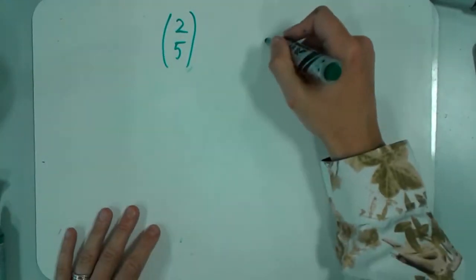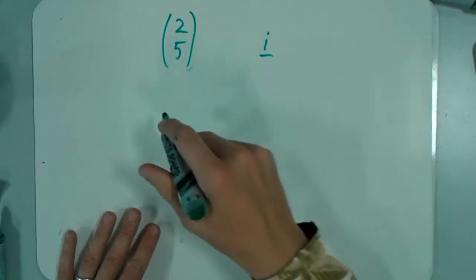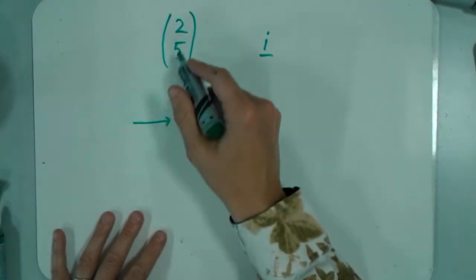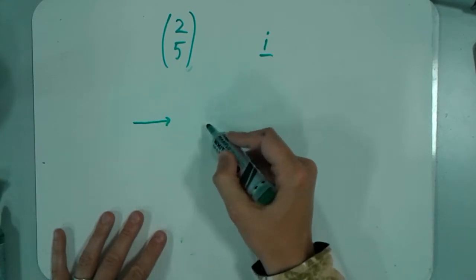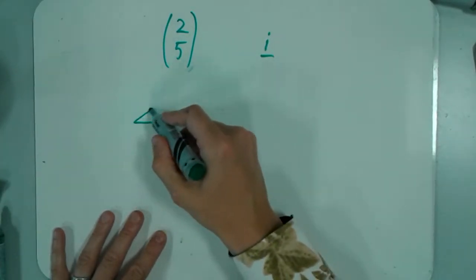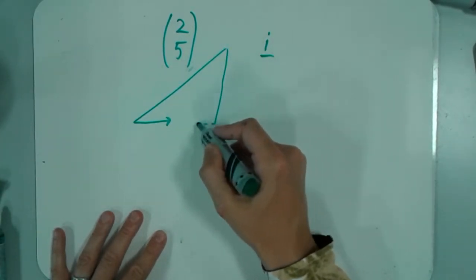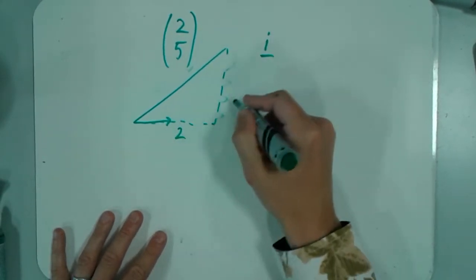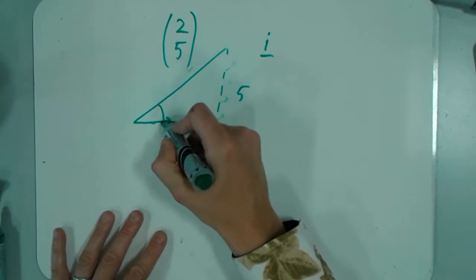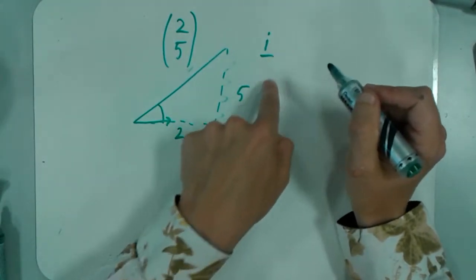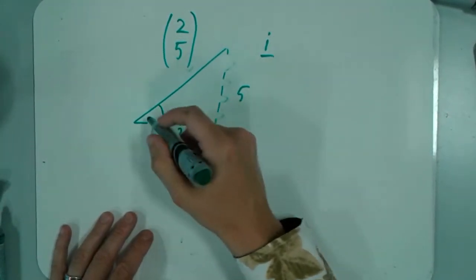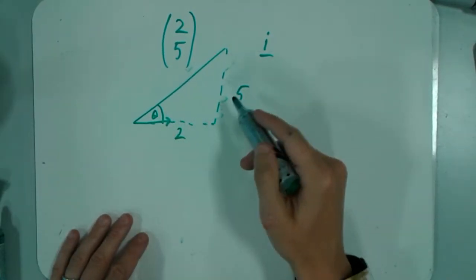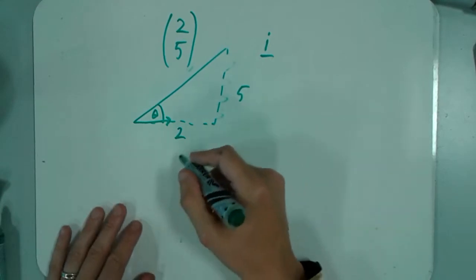One final thing, let's say that we wanted to find an angle between, say, this vector and i. So remember, i is just the horizontal. This vector goes 2 across and 5 up. If I want the angle that it forms to the vector i, I need that angle there, and we can see I've got a right angled triangle again.